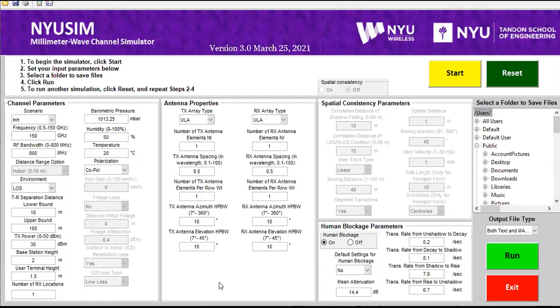With other default settings, the environment we're setting non-LOS. The distance, should we change how much it is? Lower bound, upper bound 100 meter. Anyway, we will keep that and run the simulation.